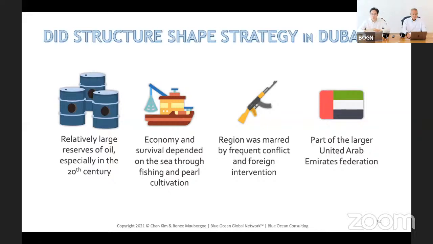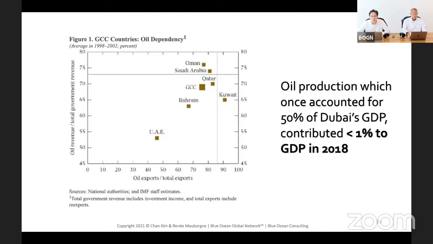We see that in some parts of the Middle East where they have many foreign bases on their land, and they act almost like supply depots for these other countries. So there are certain strategy options available for Dubai in the late 20th century that would have seemed obvious had they just adopted or given in to their structural conditions, right? But you see that this wasn't quite the case.